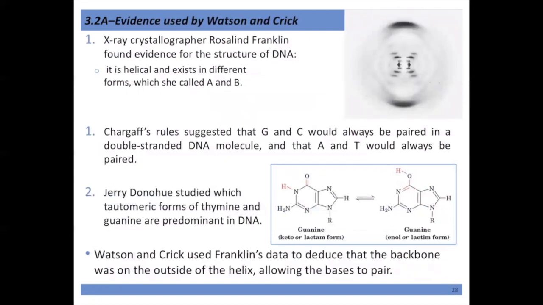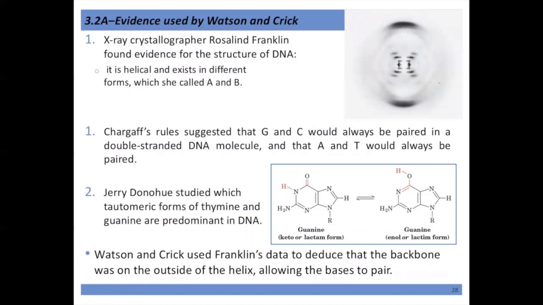To get to the double helix, one of the key things was some X-ray crystallography of highly purified DNA by Rosalind Franklin. You can see that picture over here. If you're an X-ray crystallographer at the time, you would recognize that diffraction pattern as being a helix.